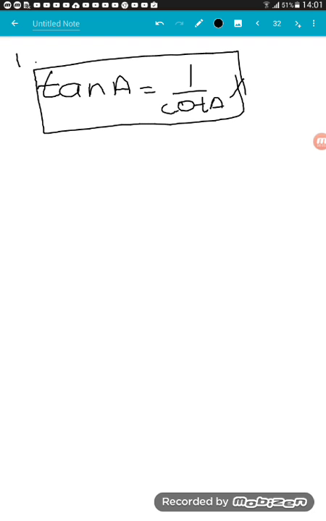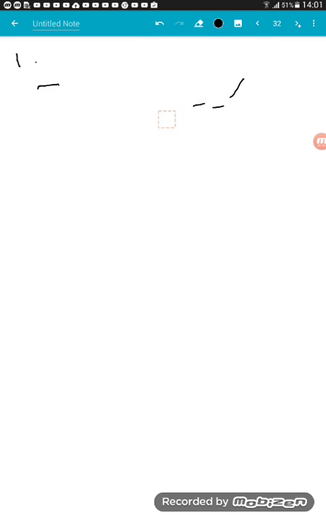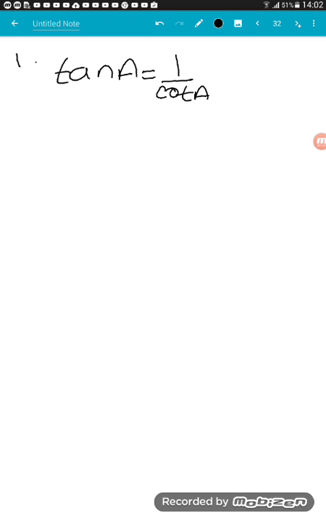So you can directly write that tan A equal to 1 by cot A. Now for the second thing, we will use our identity, that is 1 plus cot square A equal to cosec square A.